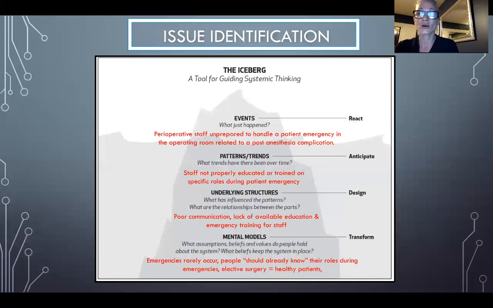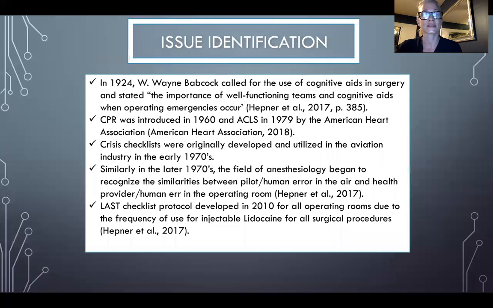People should already know their roles during emergencies. And I work in elective surgery. A lot of times patients, most times, they're very healthy. Obviously, we get medical clearance, but that certainly doesn't mean that an emergency cannot occur in an operative room environment. So I thought that was interesting.